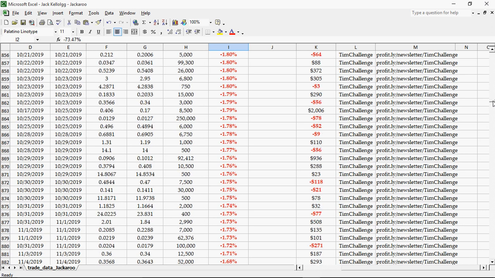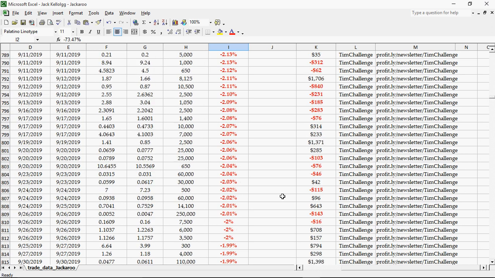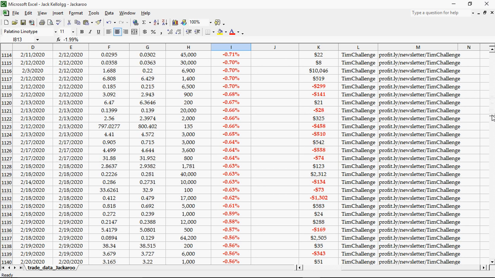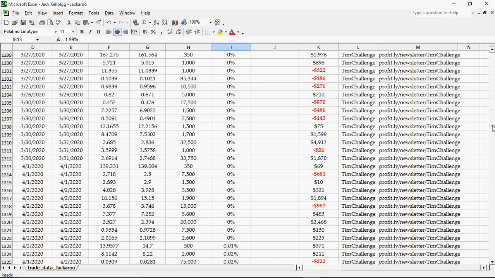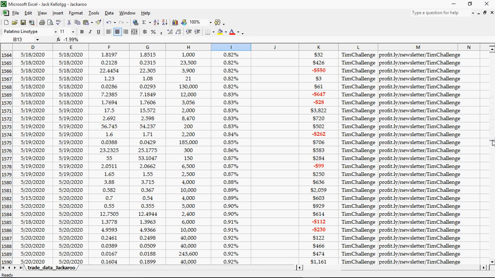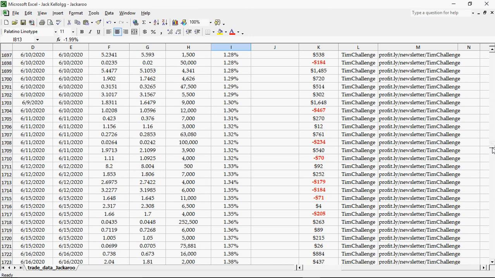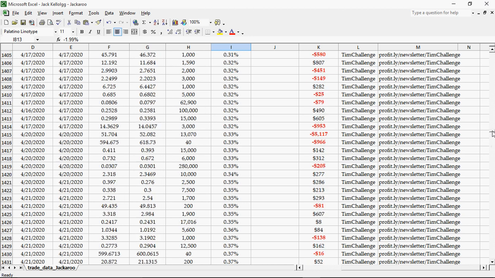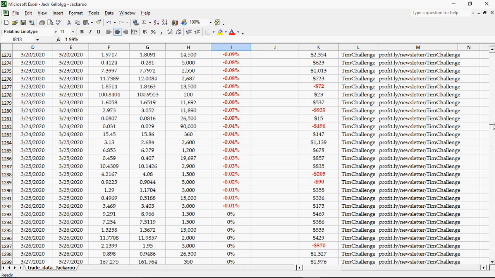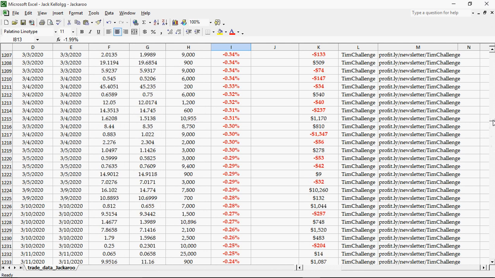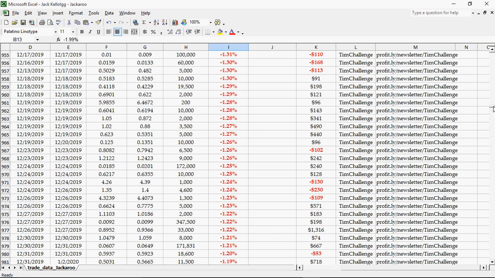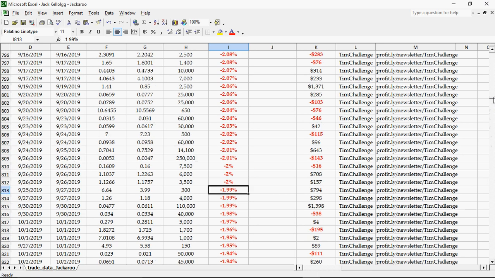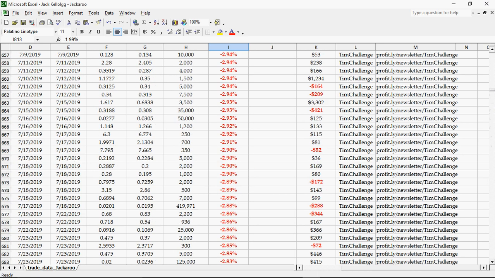He gets out at 1%, basically. From here, from 800 down to the next 3,000 trades, he gets out if he loses. Oh, look at this. He gets out at literally like 1%. He gives a little slack, maybe 2, maybe 3.